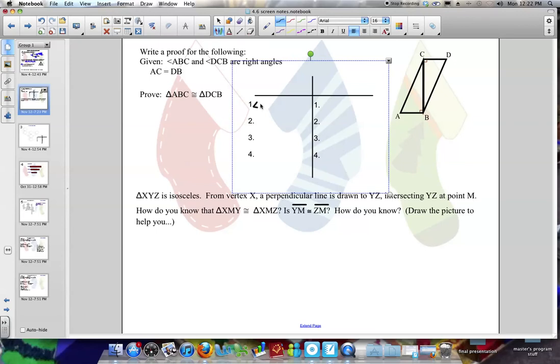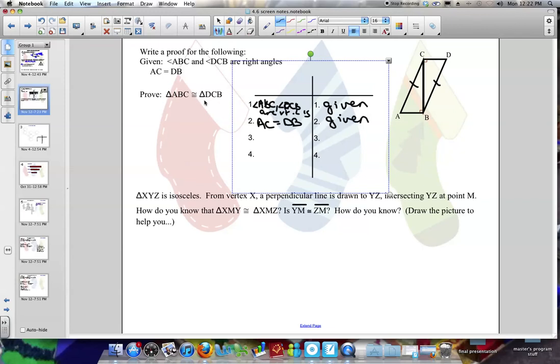So that would be our first statement, that ABC and DCB are right angles, and that was given to us. We were also given that AC is congruent to DB. So we will put that in statement 2. AC is equal to DB, and that was given to us.